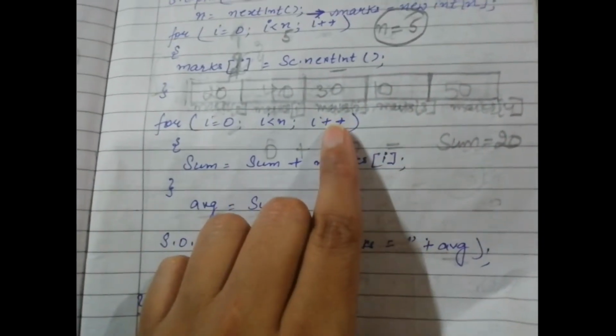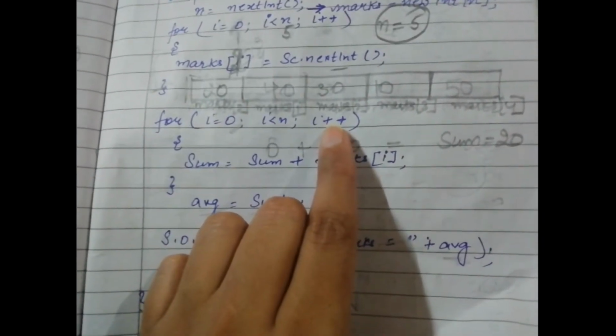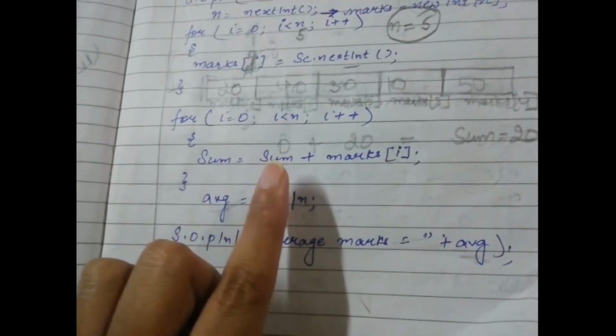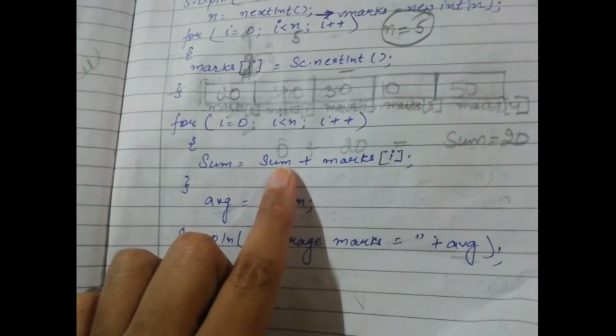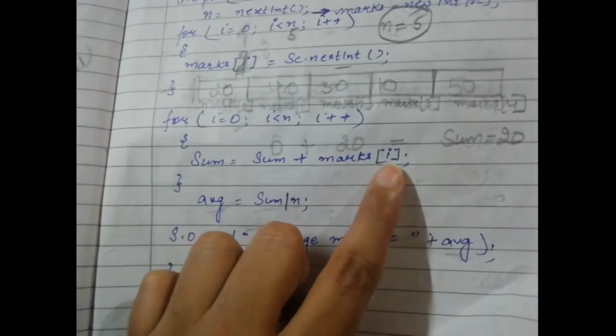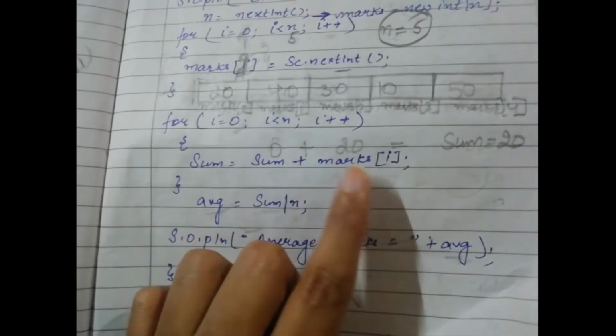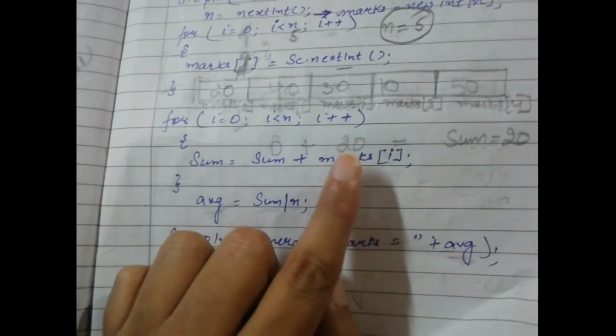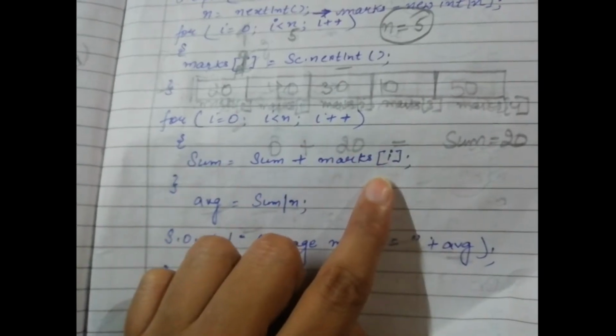Now i is 1. i will be incremented here. 1 is less than 5. Condition true. What is the value of sum here? 20 plus marks[i], where i is replaced with 1. Marks 1 has the value 40. So 20 plus 40 equals 60.